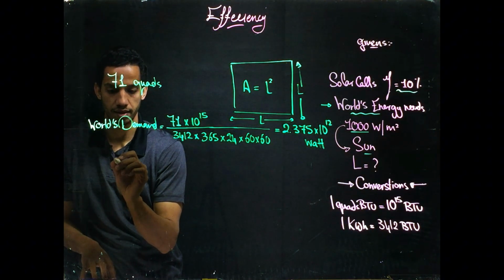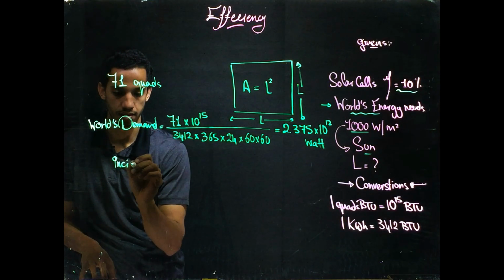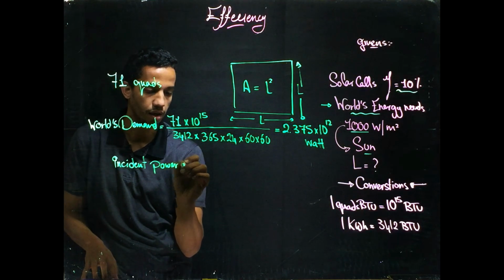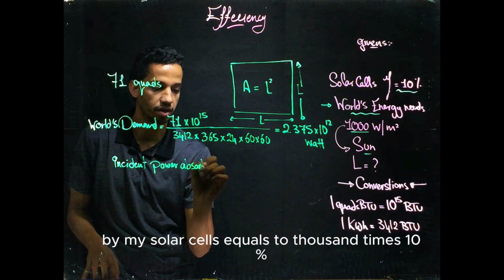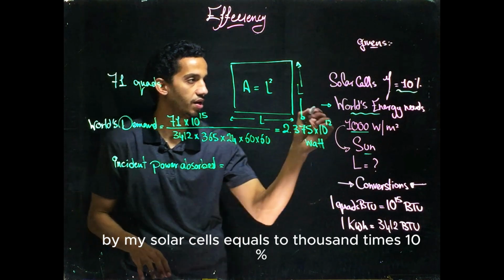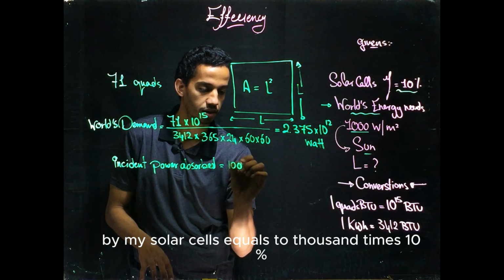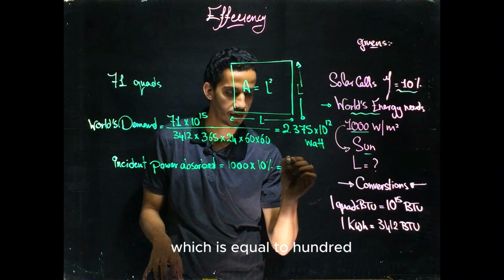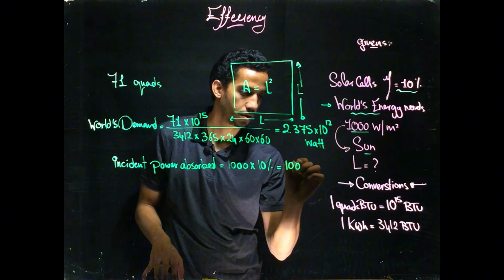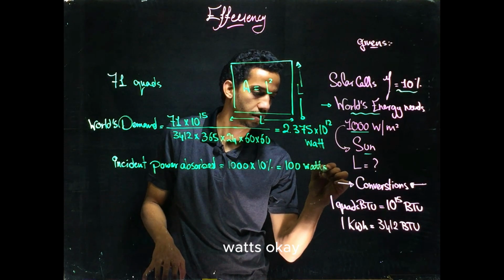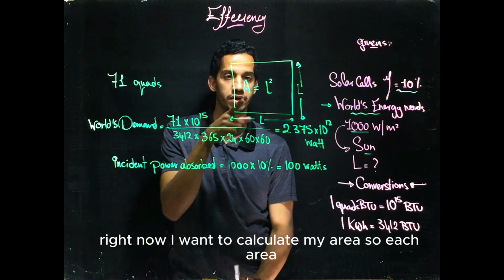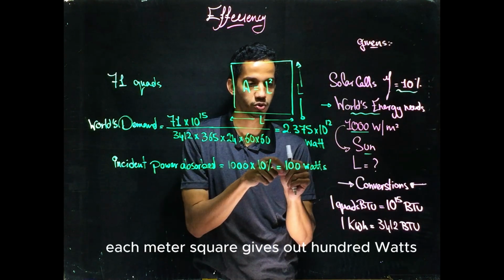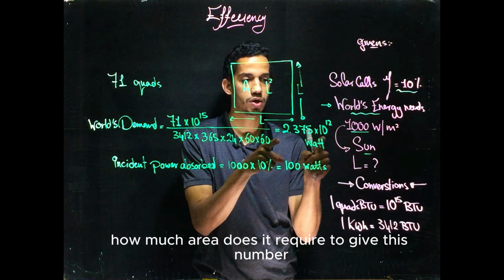So the incident power absorbed by my solar cells equals 1000 times 10%, which is 100 watts only. Each square meter gives out 100 watts. How much area does it require to give this number?